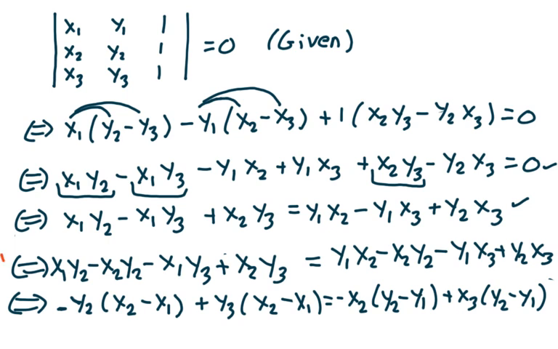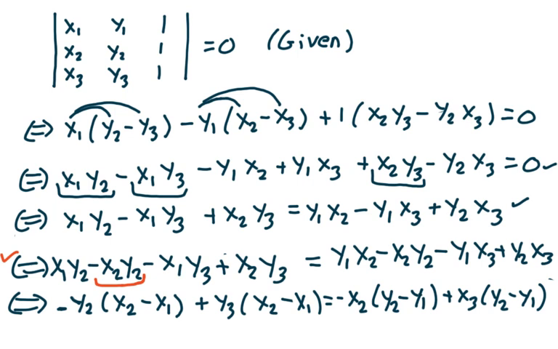When I get to this line, notice what happens. I get x1 y2 minus x2 y2 minus x1 y3 plus x2 y3. So I have this extra x2 y2 here. But if I do it to the left side, I have to do it to the right side. And so I get equals y1 x2 minus x2 y2 minus y1 x3 plus y2 x3.